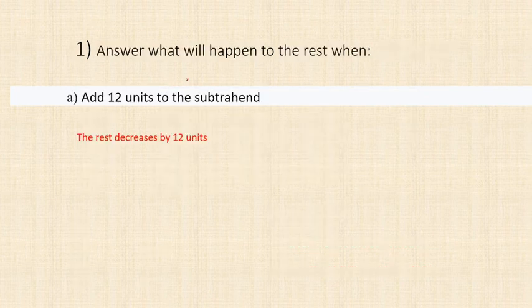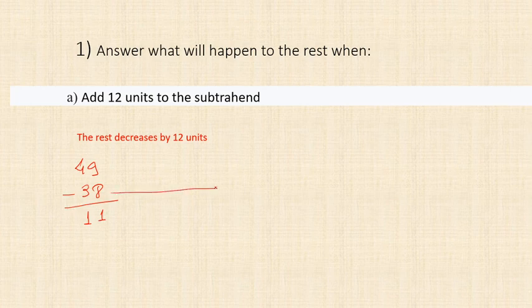Now answer what will happen to the remainder when we add 12 units to the subtrahend. Let's see an example. I have 45 minus 38, okay? So 5 minus 8... 9 minus 8 is 1, 4 minus 3 is 1. I'm going to add 12 units to my subtrahend.